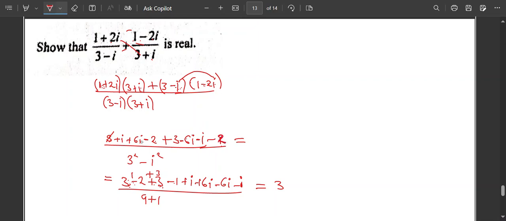Okay, so now that I have this, this is supposed to be a -2. So here I'll have -6. Okay, let me simplify now. So I have 3 minus 2, that will be what?